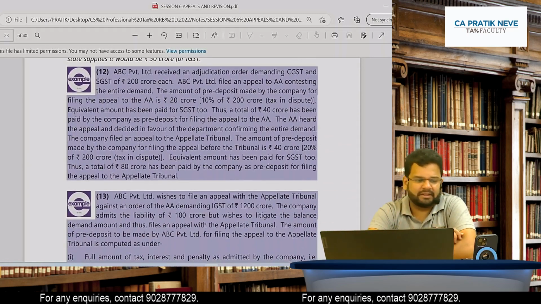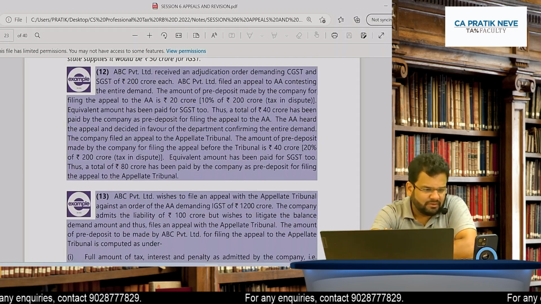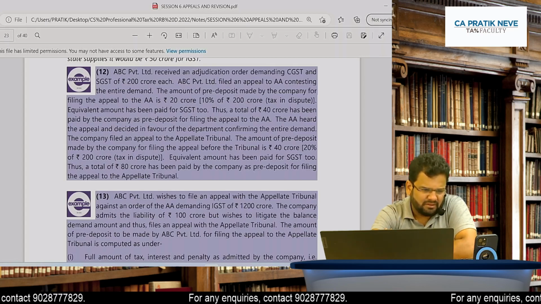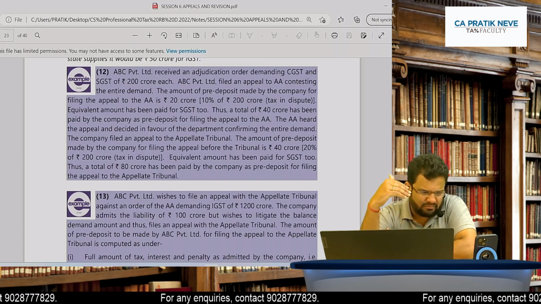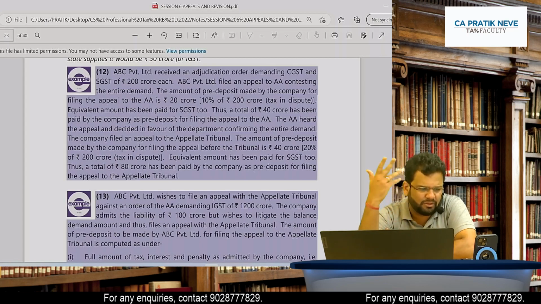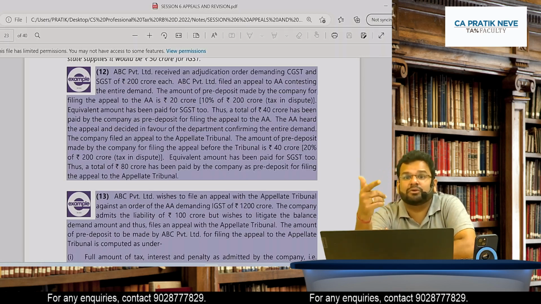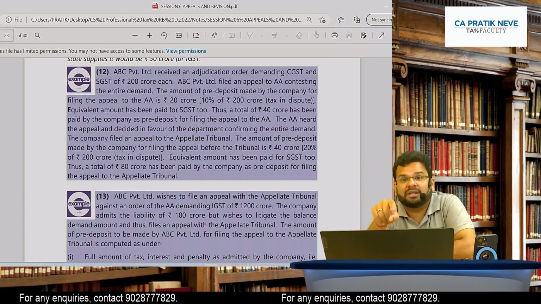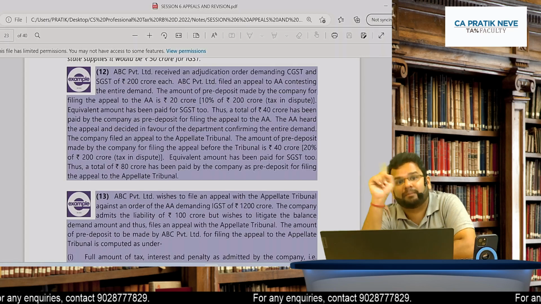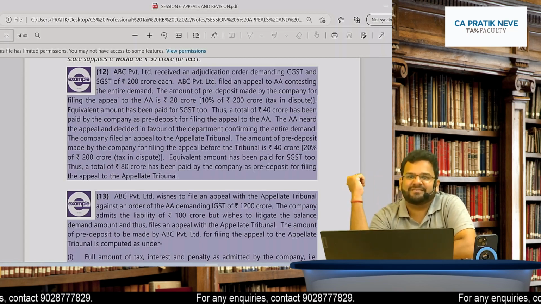See this, another example. This one is a coming up question. Sir, if appellate authority... from appellate authority the appeal goes to appellate tribunal. Yes, very good. The pre-deposit amount when you are going to appellate tribunal is in addition to what you have paid to appellate authority.